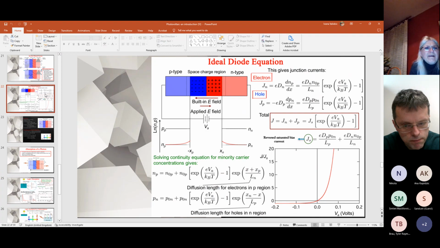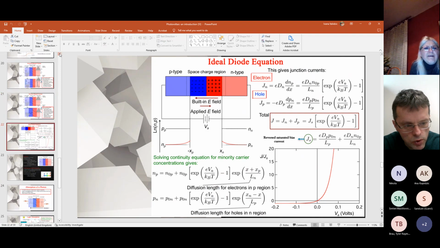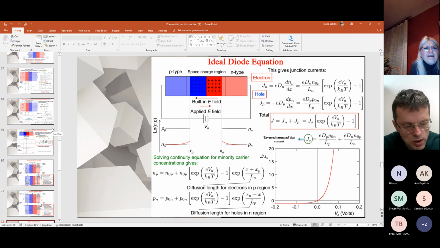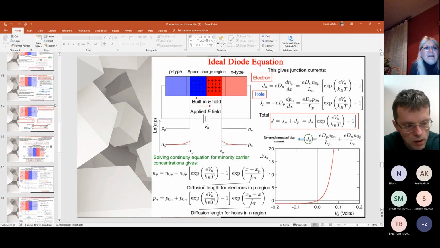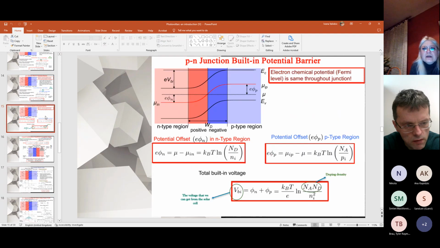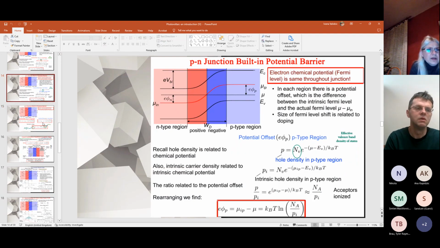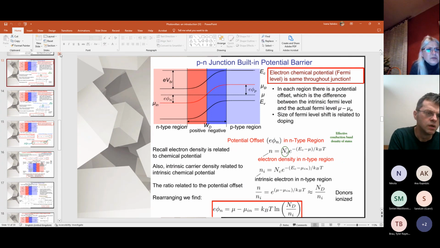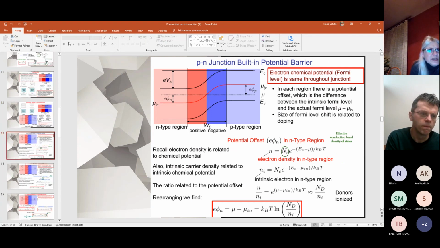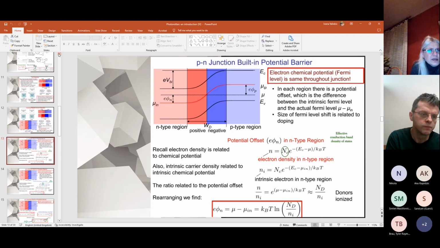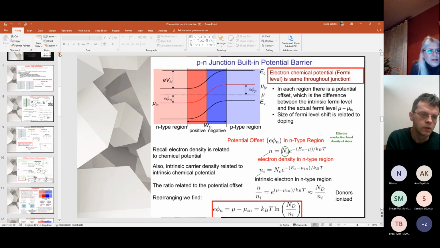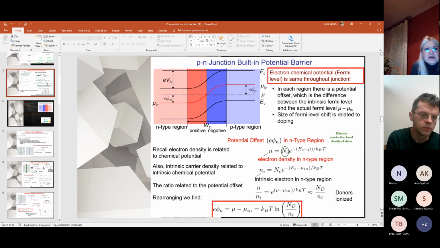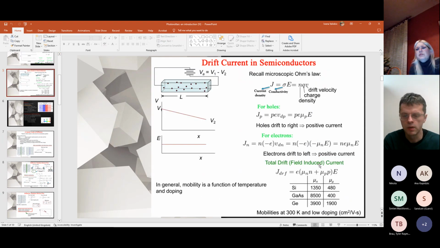So my question is basically: is there a formula that describes how mobility changes depending on the type of semiconductor? Let me find where the expression for mobility is. Yes, here in the beginning is the mobility.